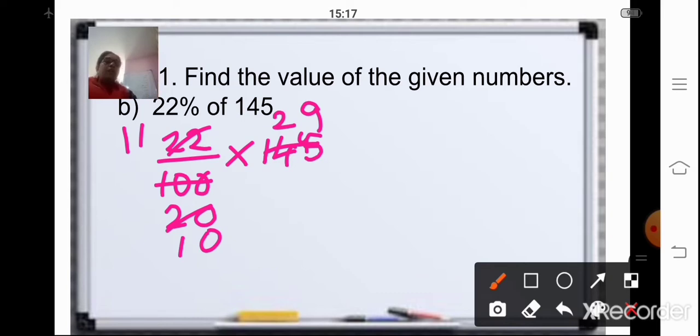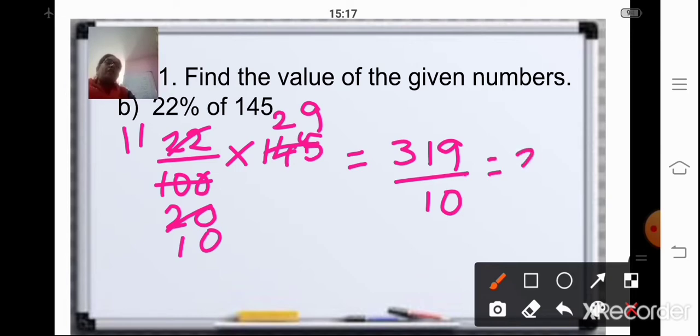Now when you multiply this 29 into 11, you will get the answer as 319 upon 10. Now when you divide this, your answer will be 31.9 using a decimal point.